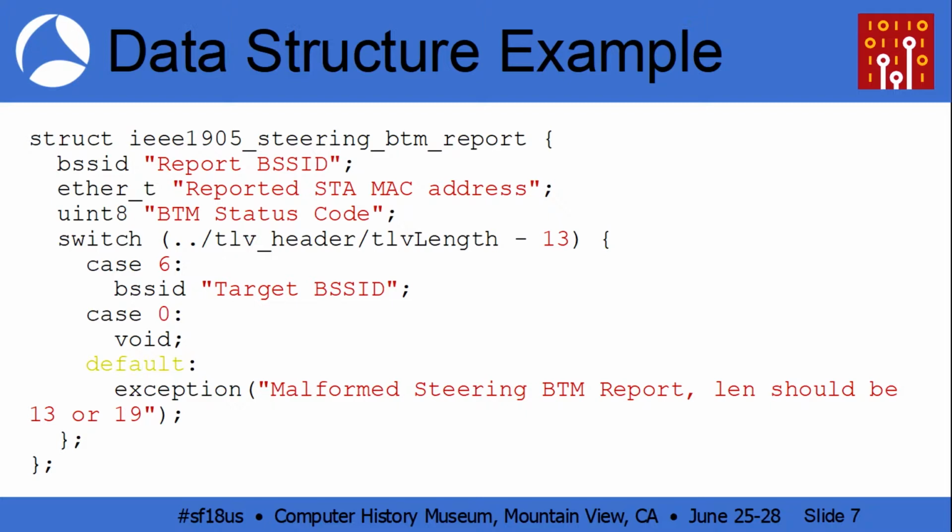There is a BSSID. Now, this BSSID is some sort of data type. It happens to be a typedef that is not a basic part of the language that I generate. And then there's an Ethernet address in here, and you can see there are some of these strings, etc., a uint, a switch statement in here, and there are several cases in this switch statement, and this funny void thing here, which I'll talk about, and an exception statement.